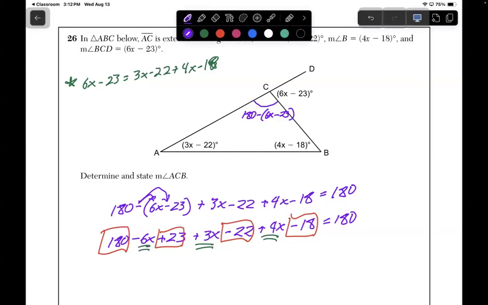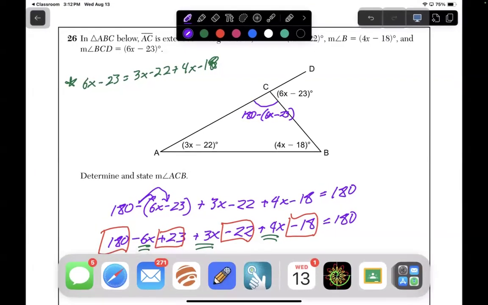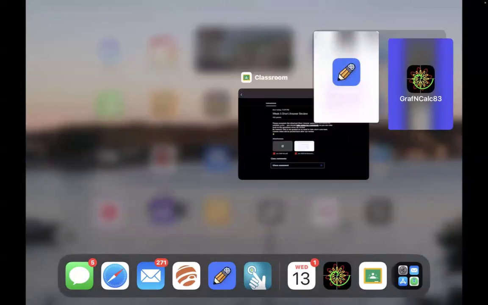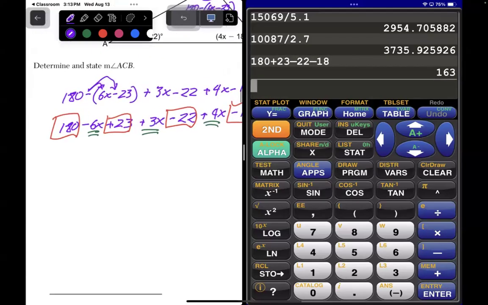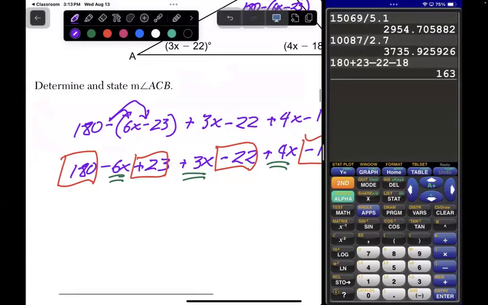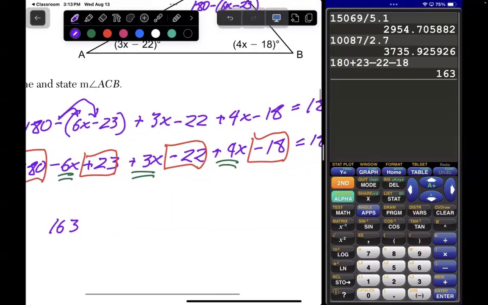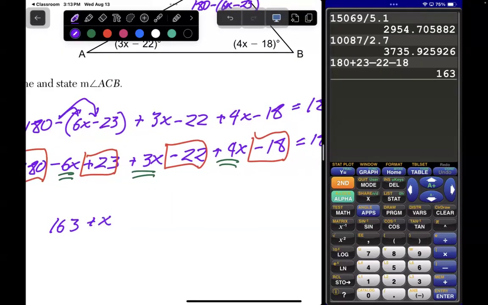So we have 180 plus 23 minus 22 minus 18. Let's add those in my calculator so I don't make any mental math mistakes. 180 plus 23 minus 22 minus 18 is 163. Then minus 6x plus 3x plus 4x, that's plus x, equals 180, right?